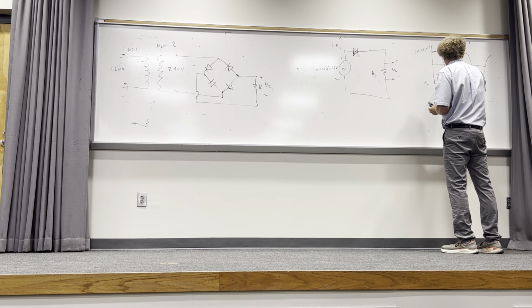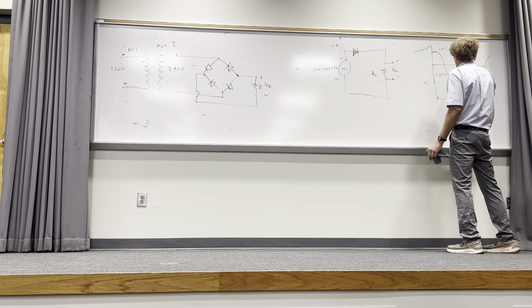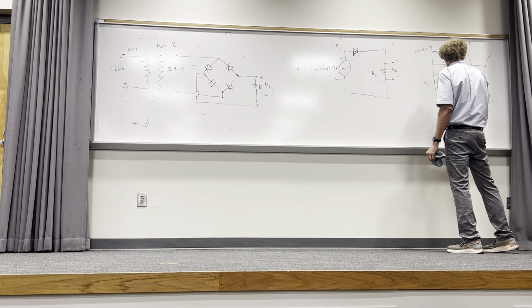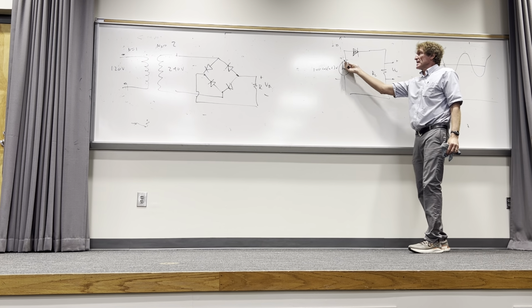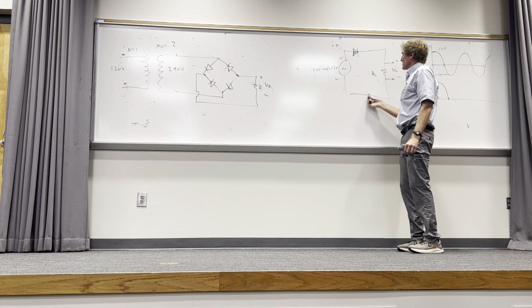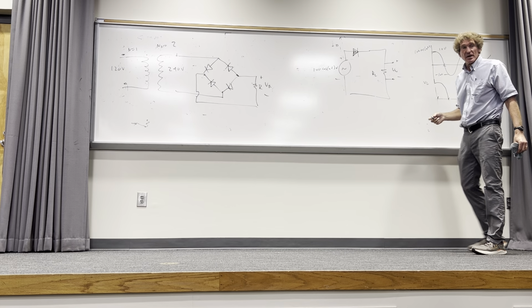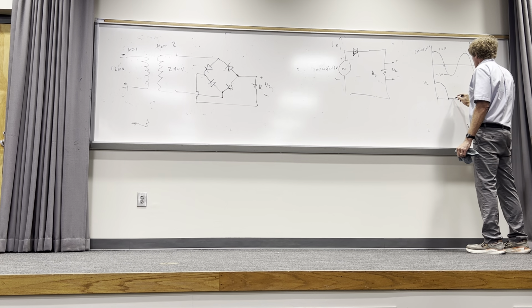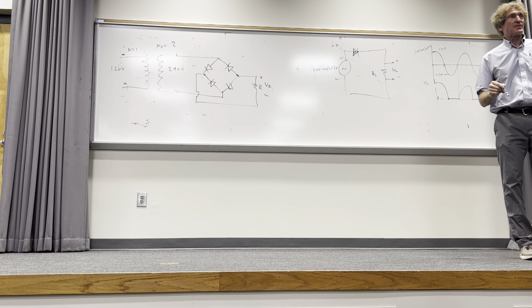But then at this point right here, where all of a sudden this becomes negative, this positive, it tries to drive current this way, none of that current can go through the diode. So it does this. It's absolutely nothing, then it hits this point, and it comes up, then absolutely nothing. This is called half-wave rectification.